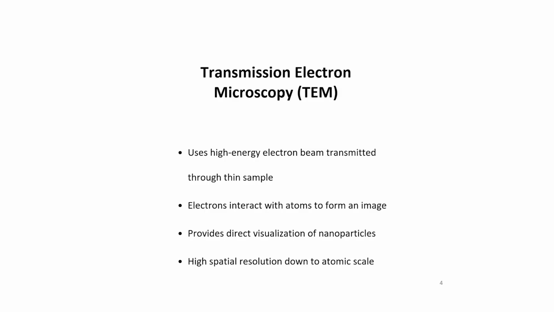A transmission electron microscope uses a high energy electron beam that is transmitted through a thin sample. You need to take a thin sample, because surface topographies can only be observed when using a thin sample. The beam transmitted through the thin sample projects its high definition image on the screen.